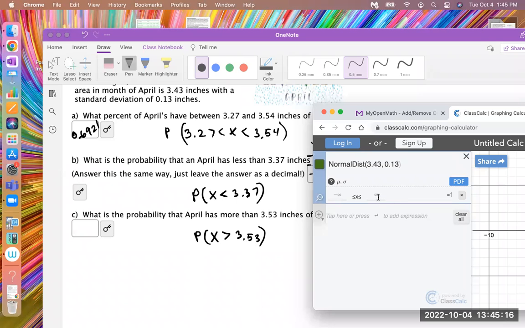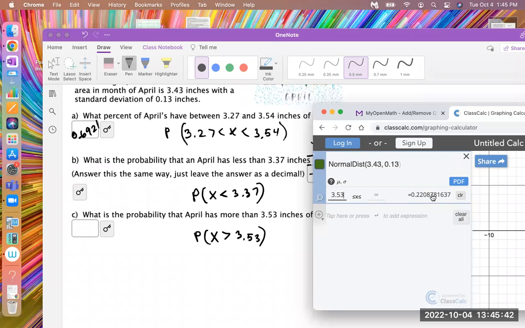If I put it right here where the positive infinity is, then the alligator's mouth will be pointing toward the 3.53. So that's the wrong spot. If I put it here where the negative infinity is, then the alligator's mouth would be pointing away from the 3.53, which is what we want. So we want this 3.53.